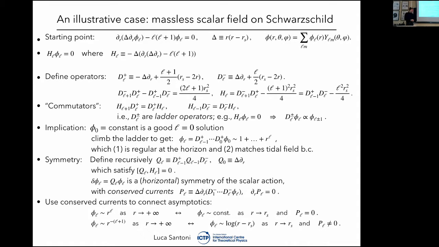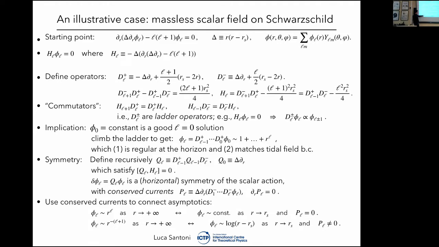So there is no way this solution can be connected to a solution that is regular at the horizon. So a solution that has a decaying profile is always divergent at the horizon. Notice that here I never solved explicitly the differential equation. You have never seen a hypergeometric function here. So this is only based on symmetries.